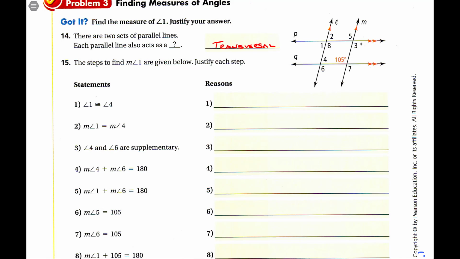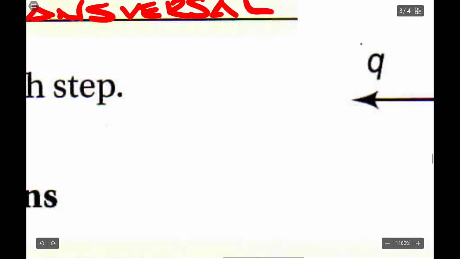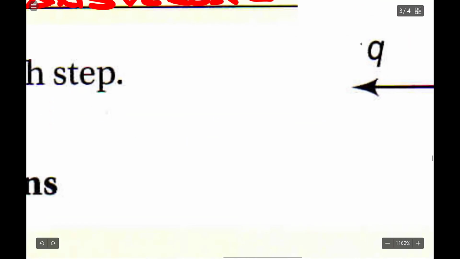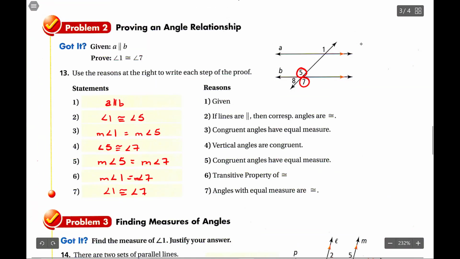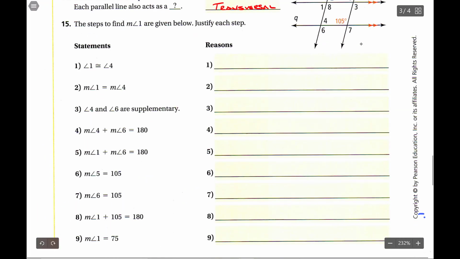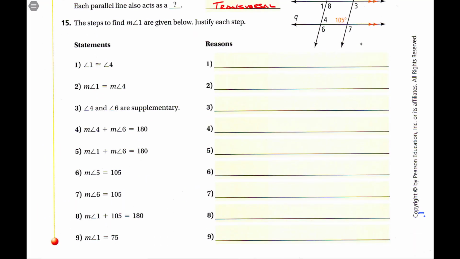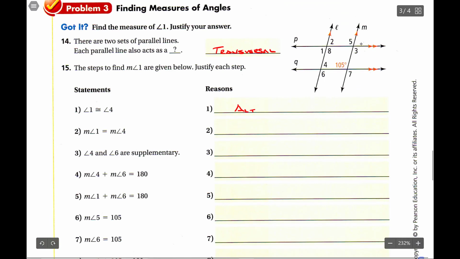So the first one we're given is that the measure of angle 1 is congruent to the measure of angle 4. That is the alternate interior angles theorem.